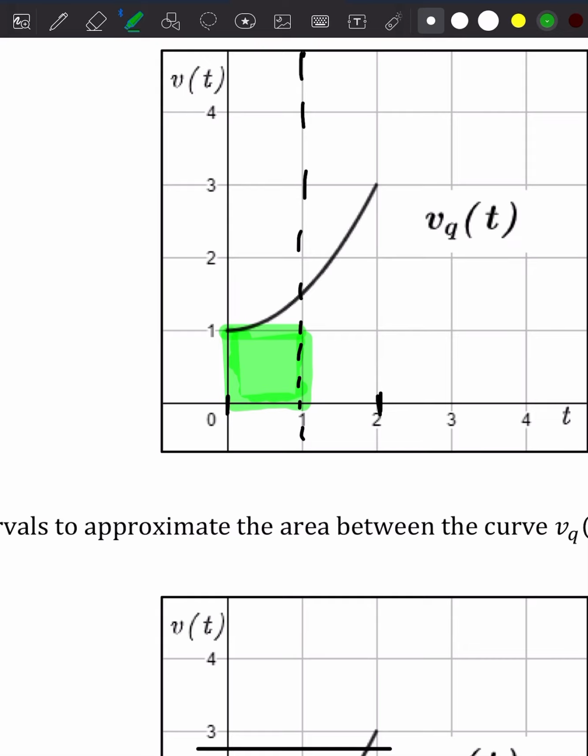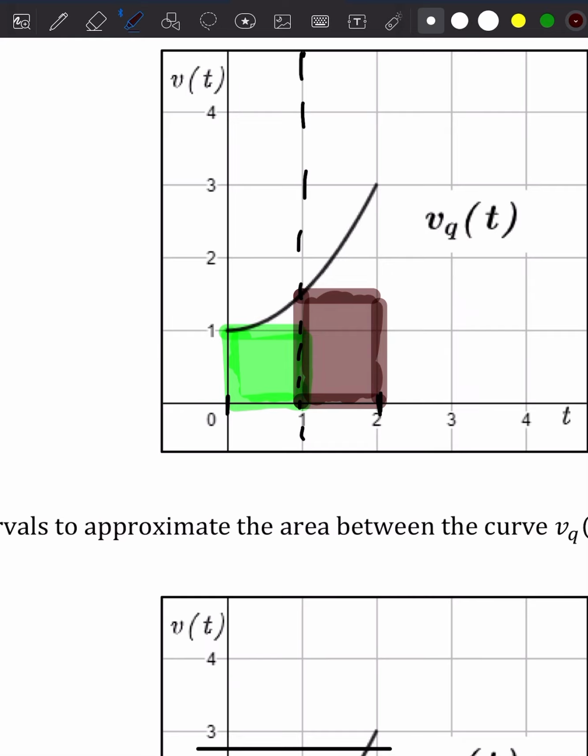On the other hand, if we're looking at the other one, we're looking at the interval between 1 and 2. So the leftmost point between 1 and 2 is right here. This is about 1.5, so that's what we're going to be using. And we're going to use that y value of 1.5 for the entirety of our rectangle. So we have our second rectangle.